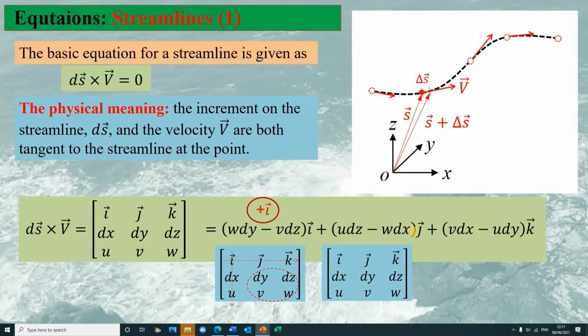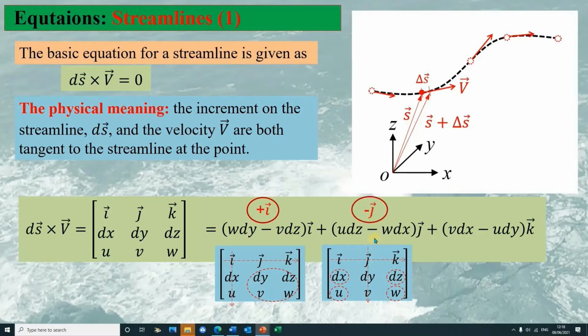For the calculation for the unit vector j, the component would be calculated as this. We cross out the first row and the second column. So we have 4 components in the determinant. And then we can calculate the value using the cross terms, w dx minus u dz.